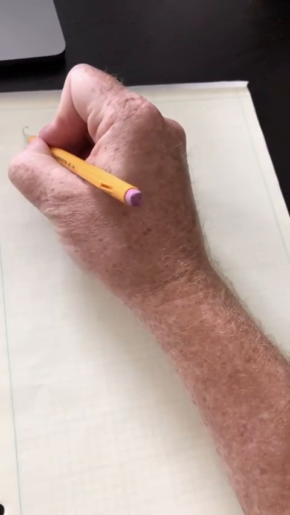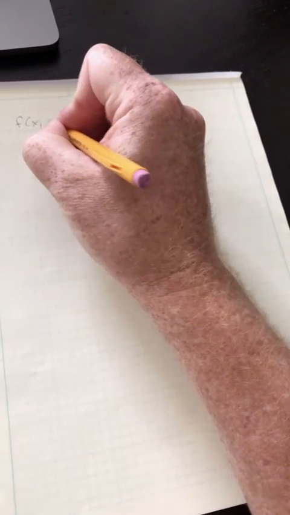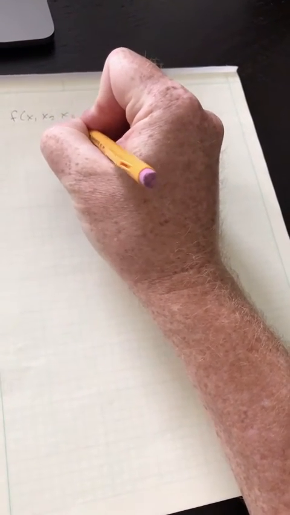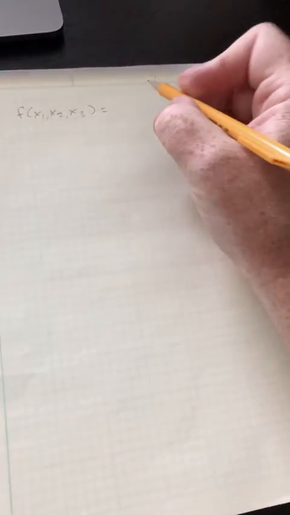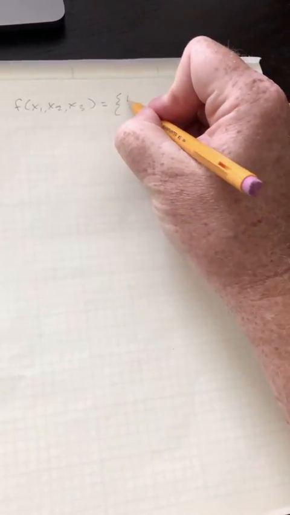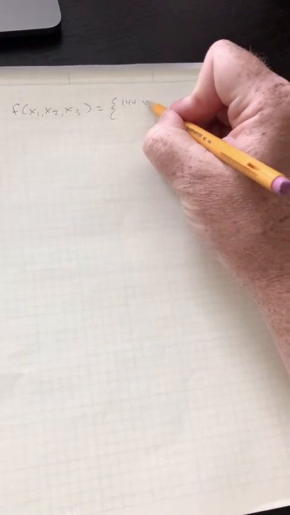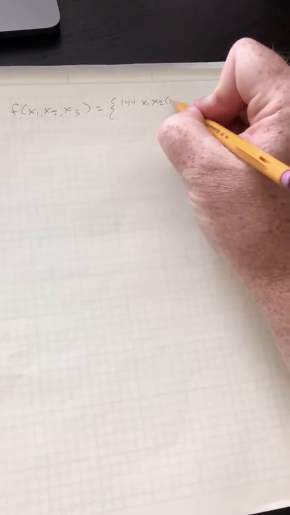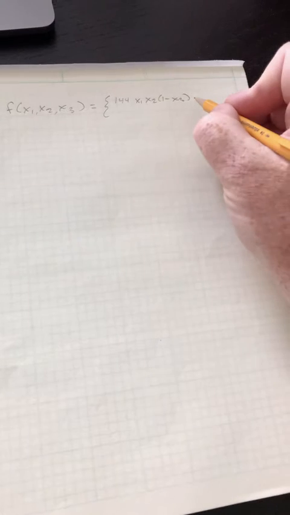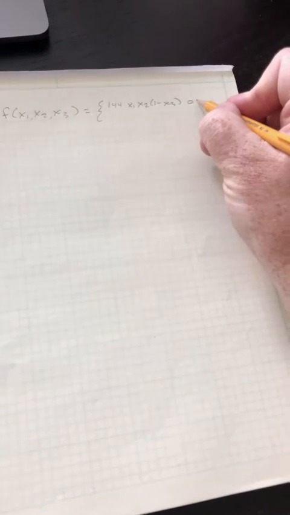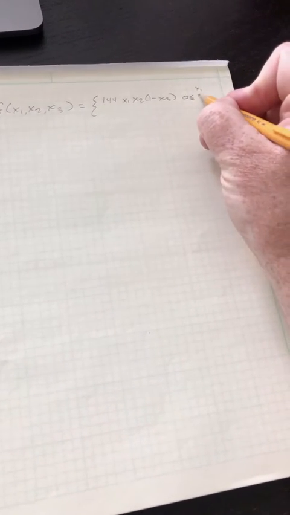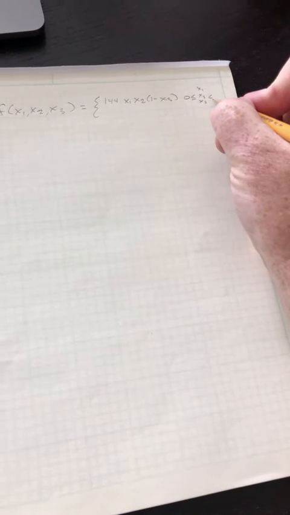So we're going to start with this one where f of x1, x2, x3 equals 144 x1 x2 (1 minus x3), over the range of 0 less than or equal to all x1, x2, x3 less than or equal to 1.